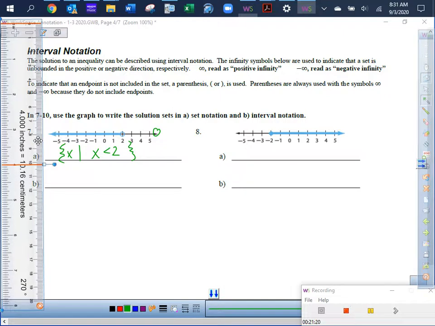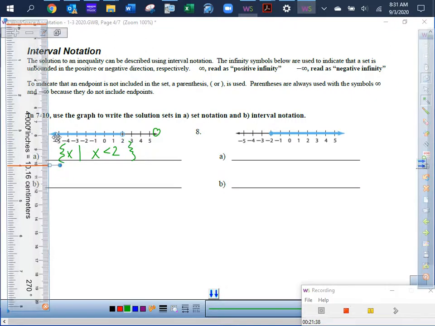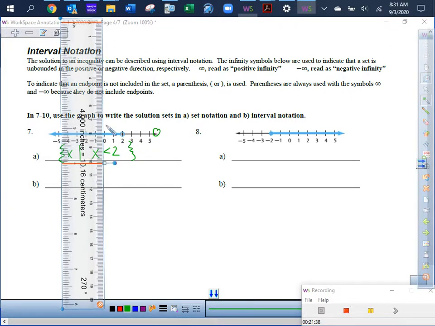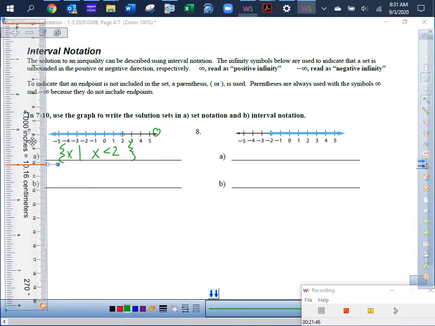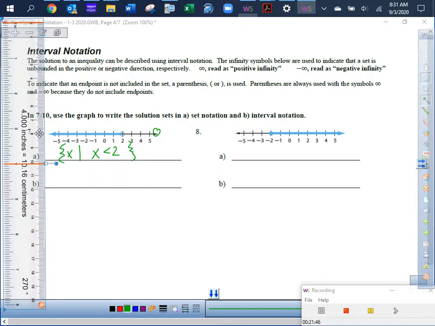If I start as far left as humanly possible, couldn't I just move it as far left as possible? And how far left could I go? To negative infinity is how far left I could go.